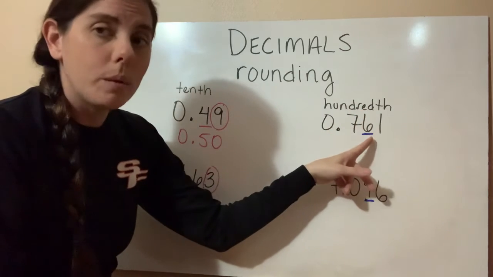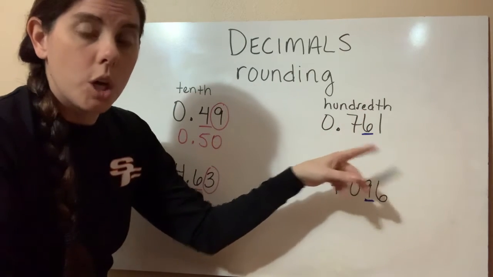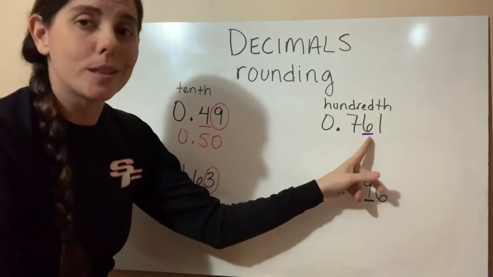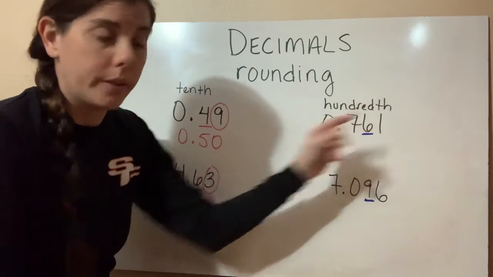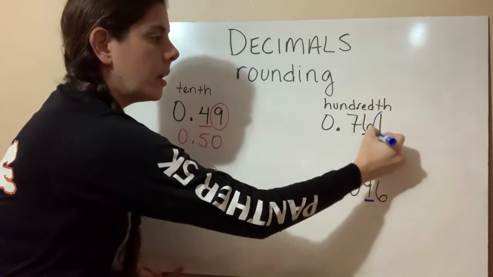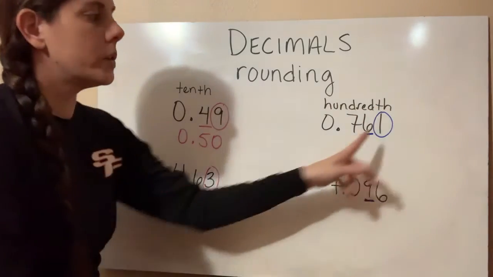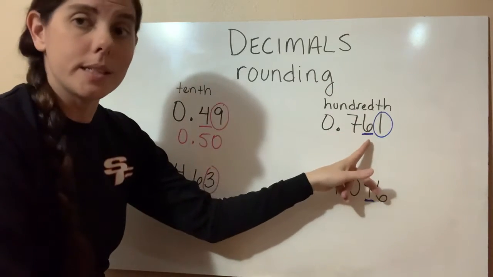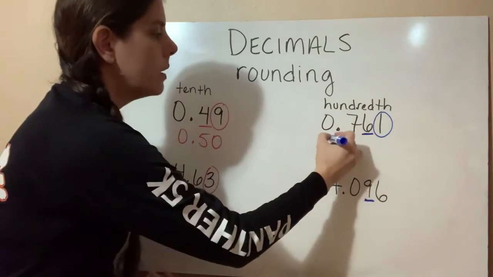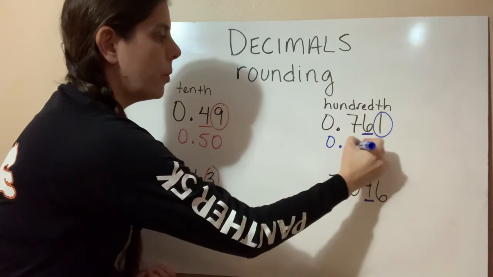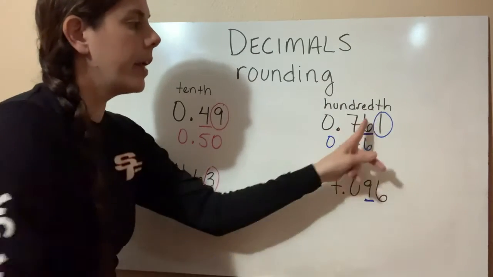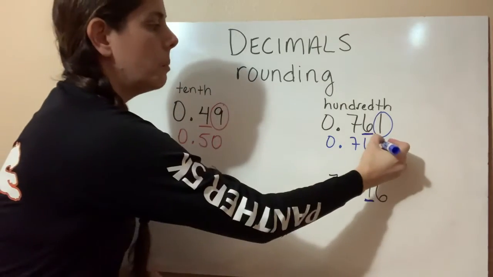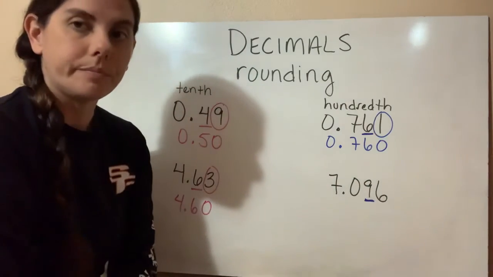We know we're rounding to the nearest hundredth. What number do we look at to see if this is going to stay a 6 or go up to a 7? We look at the number to the right. Since this is a 1 and it's on the lower side, that means this 6 is going to stay the same. So we would write this as 0.76, and then every number after the number that we're rounding to becomes a 0.